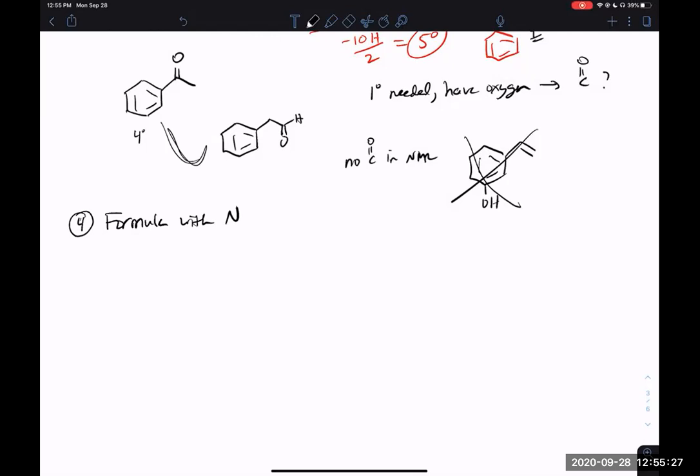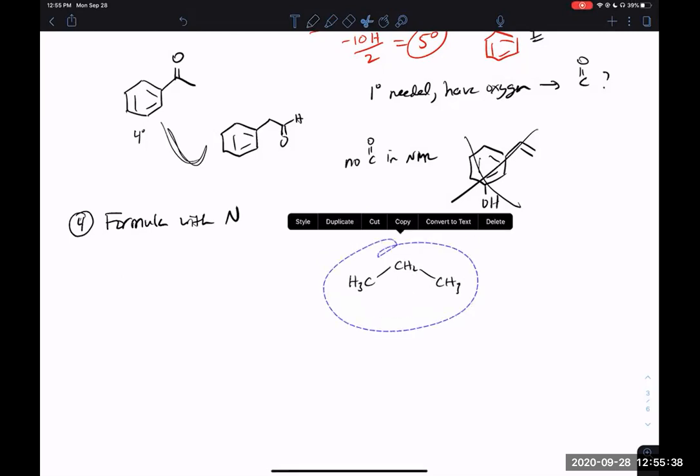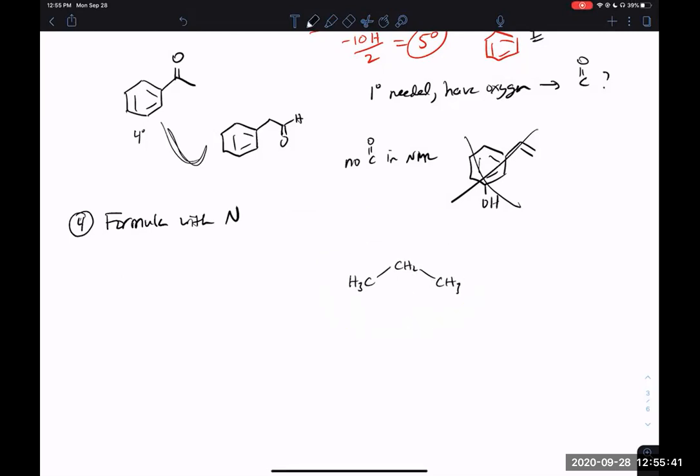Okay, so we will do propane. It goes to a CH2 and goes to a CH3. Now what we're going to do is substitute that out. I'm going to move this a little lower. Substitute a nitrogen in there, and we'll go to the middle again, just like we did. So there's a nitrogen. That nitrogen replaced a hydrogen. Now, I've got to make a stable molecule.